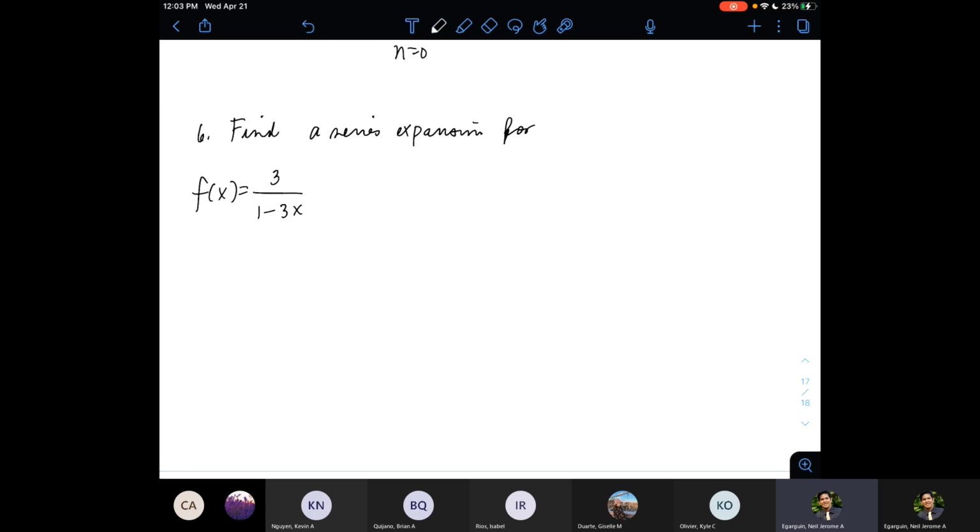So remember, our form is a over 1 minus r. This is the form that we are looking for. So that means that here, in this particular case, we can have a equal to 3 and r equal to, okay, let me make this a plus just to make it more interesting and more aligned to Kevin's question. So a is still equal to 3, but finding r is not straightforward, but it's not that hard.